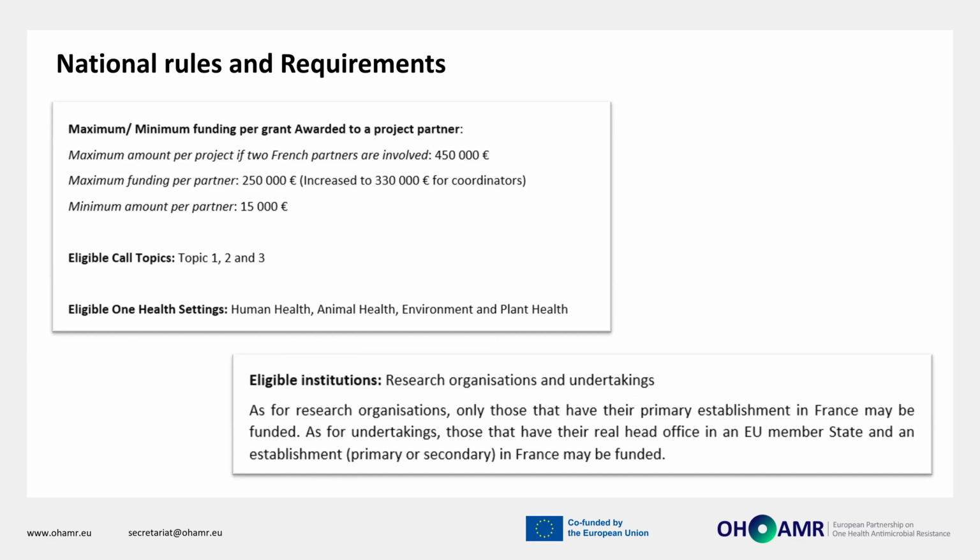There are also specifications about maximum and minimum funding per partner or per project, and depending on the funding organization, all or only some core topics and One Health settings may be eligible. The annex also lists eligible institutions and the specific criteria that apply to each funding organization.